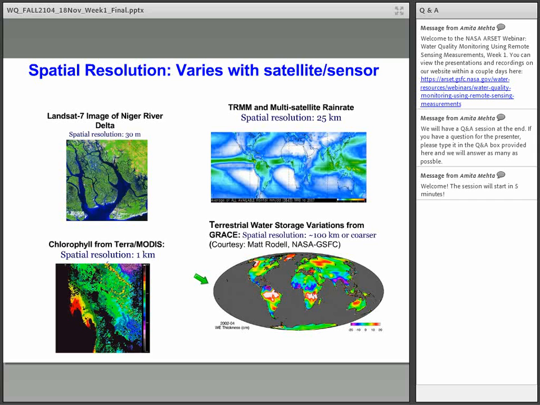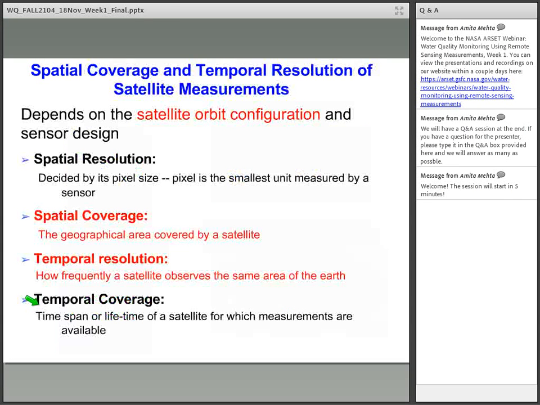So resolution varies with sensors. We will be working with Landsat. We were talking about Landsat data, which is 30 meters, and MODIS data, which for this particular one is 1 kilometer. There are data available at high resolution as well. So we will be focusing on those.